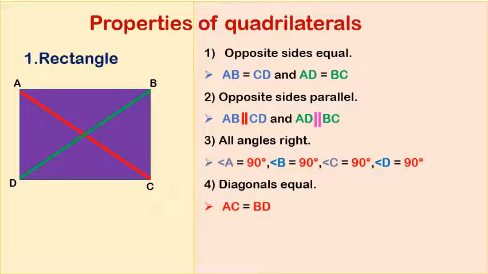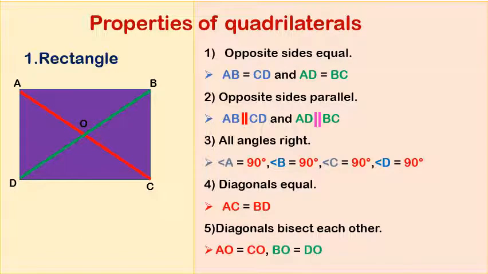That means diagonal AC equal to diagonal BD. And you can see these diagonals bisect each other. Means each diagonal cuts the other into two equal parts. So we get AO equal to CO, BO equal to DO.